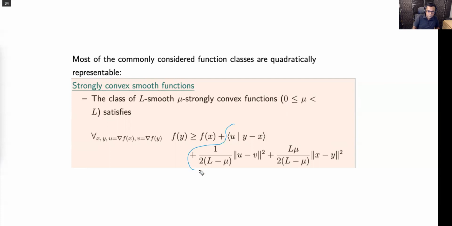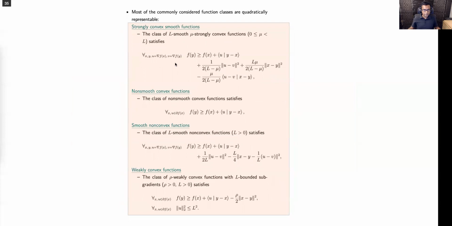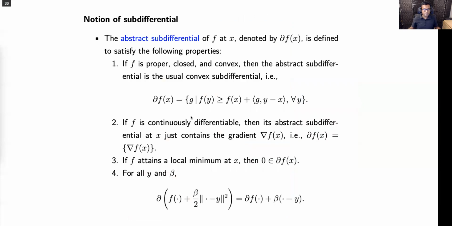What I am showing here is actually a quadratic function in x, y, u, and v. Similarly, the other function classes that I just showed, we can show that all of them are quadratically representable.